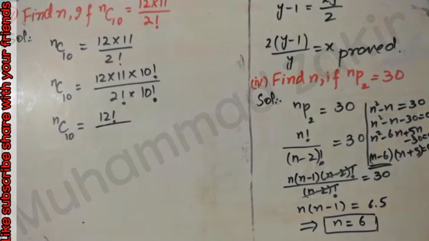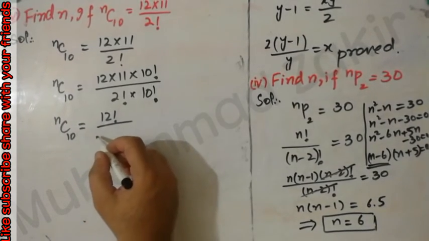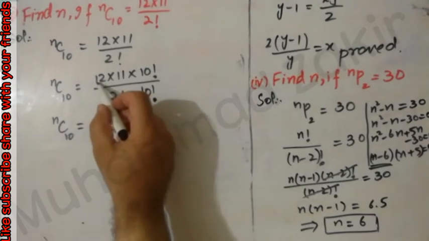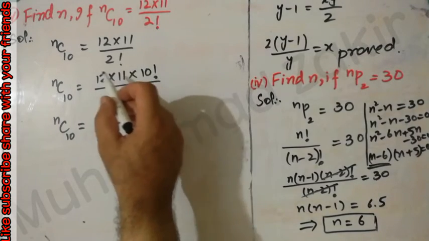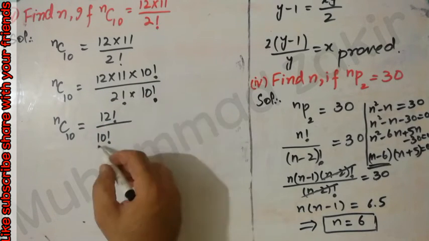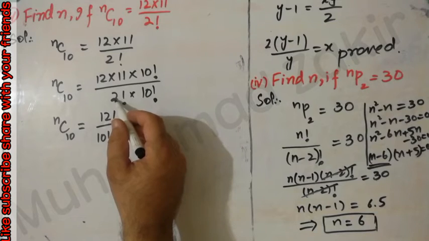If I write 10 factorial here, then what is left? These three are combined: 10 factorial, 11, 12 are combined in 12 factorial form. This 10 factorial I wrote here, this is 2 factorial.